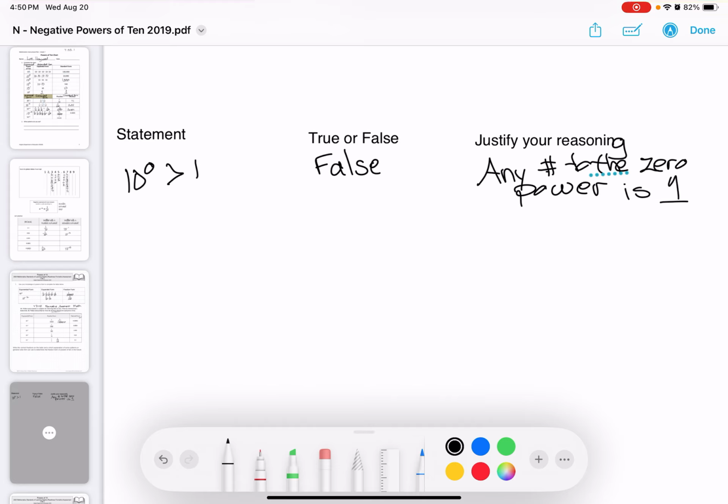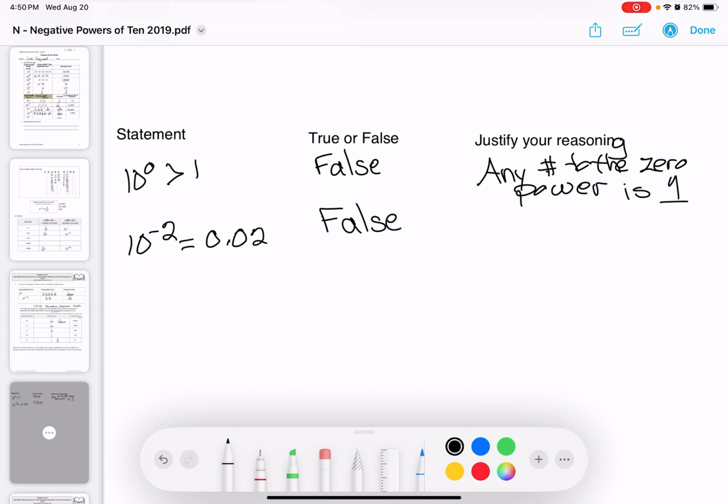So another statement we would have is, 10 to the -2 is equal to 0.02. So is that true or false? This is false. And why is this false?